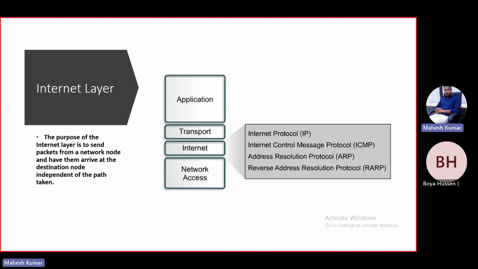Got it? How it works: this is a switch, and two PCs are connected here, one with MAC address A and IP address 10.1, and the other with IP address 10.2. This PC doesn't know about this B MAC address, so it will broadcast, using A, and send the packet.